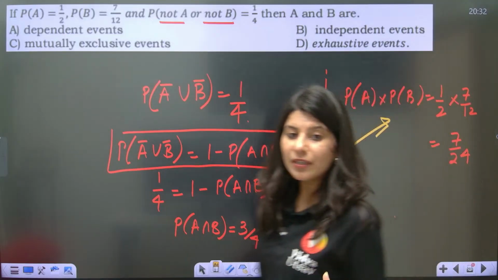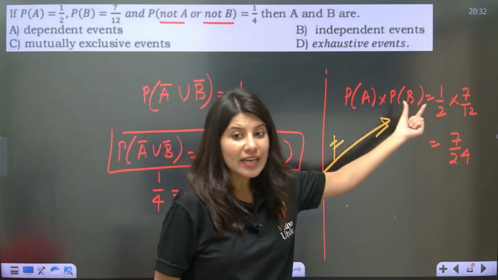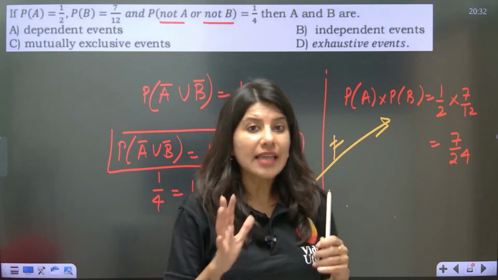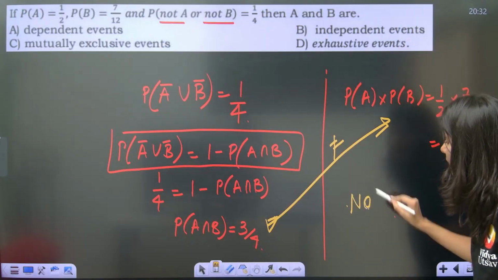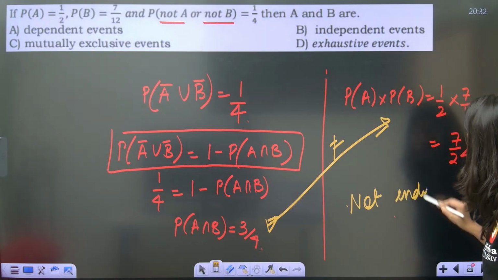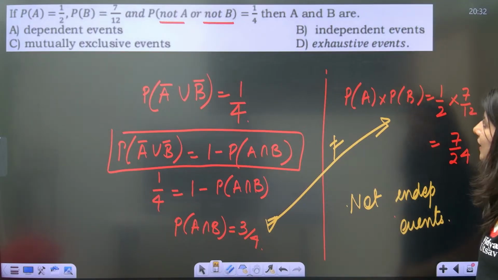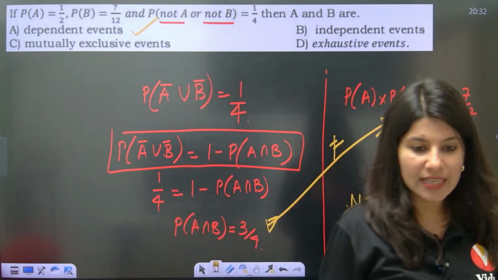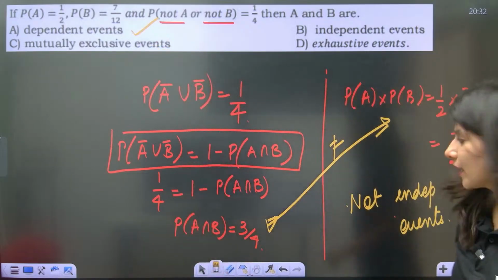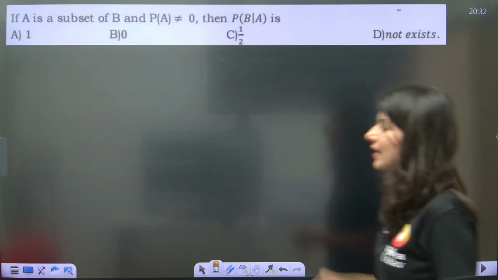So probability of A intersection B is not equal to probability of A into probability of B. That means these are not independent events. Can I say that these are dependent events? Yes, definitely. Next question.